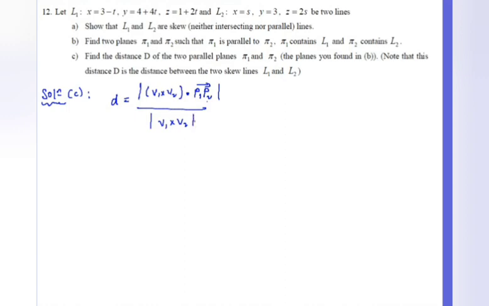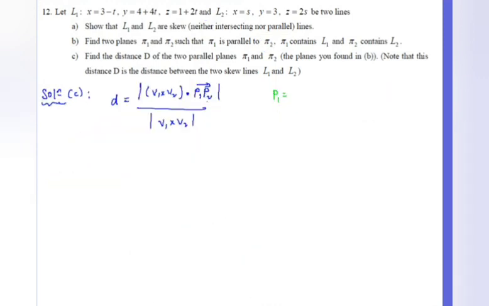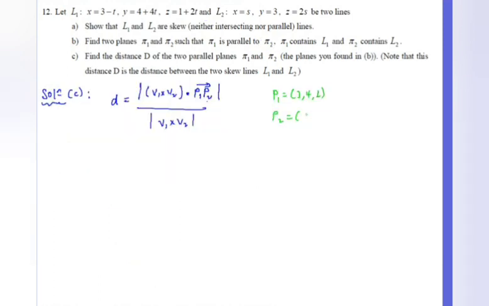Okay, to remind you what V1, V2, P1, P2 are. P1 is the point that we have on L1, which is (3, 4, 1). P2 is the point on L2, which is (0, 3, 0).